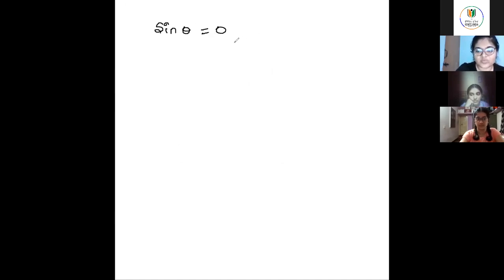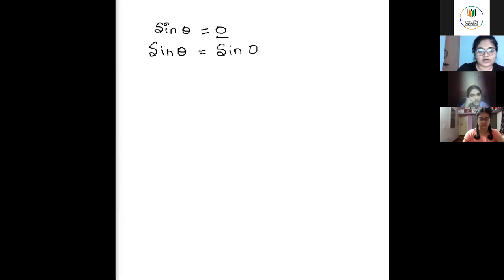So just now we studied the sine theta is equal to sine alpha formula. So let's say sine theta is equal to sine 0, because sine 0 is 0. That's why I'm putting 0 here. And what was the value of alpha that I had to take? The value of alpha should be minus pi by 2 to pi by 2, right? So I have taken a 0 which lies between that.